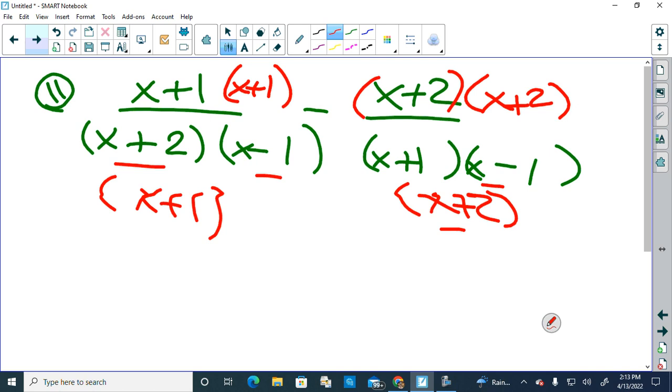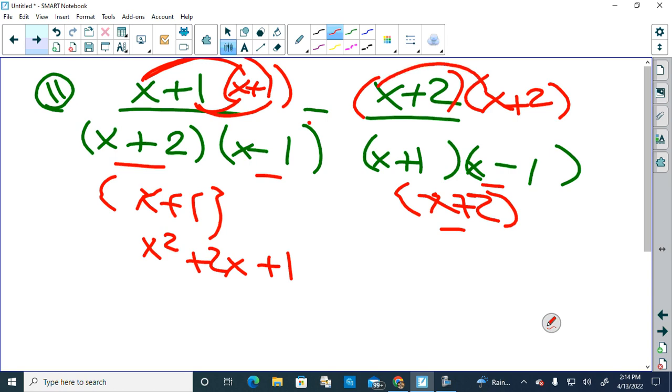Now you need to distribute, because we got our common denominators. So x times x would be x squared. That would give me 1x, this gives me 1x, so that would give me 2x, and then 1 times 1 would give me 1. Same thing over here, but after you get your answers, you need to multiply it by that negative, so you switch your signs basically.